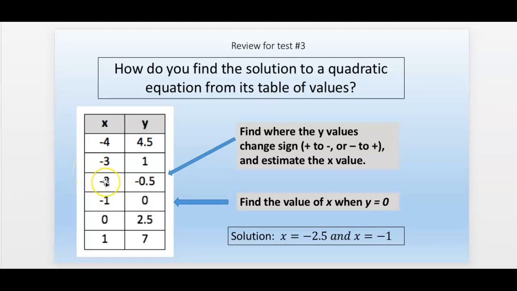I'll say, well, between -2 and -3 is -2.5. That's my estimate. Okay? Look where the signs change value. See, here they change value, but that's 0. We know that's one of the solutions. There's another 0 up here, too. It's somewhere around -2.5. All right?